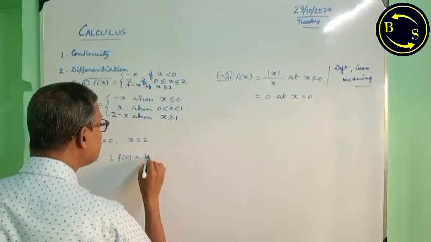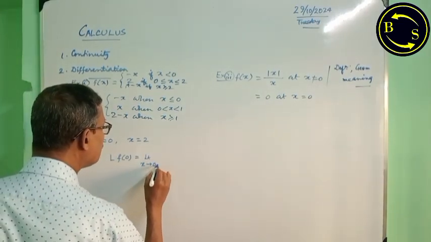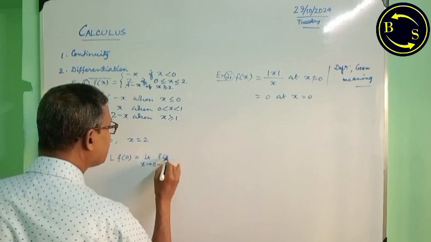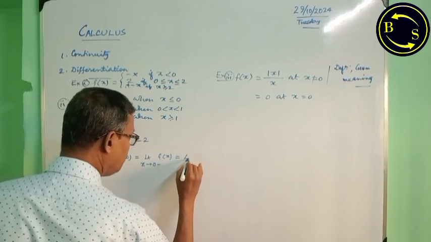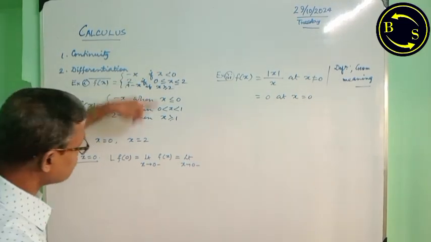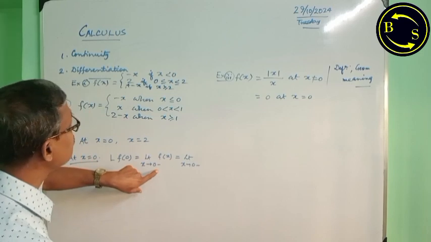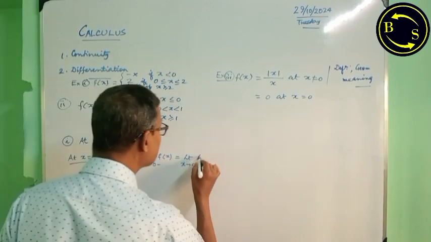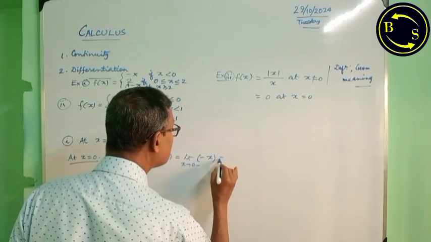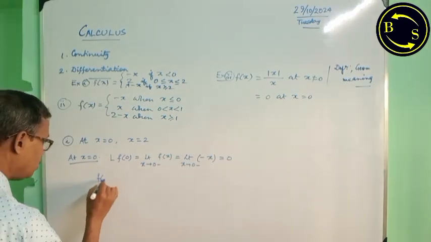LF(0) means limit x tends to 0 minus f(x). When x is less than 0 but near to 0, value is minus x, and naturally the value will be 0.